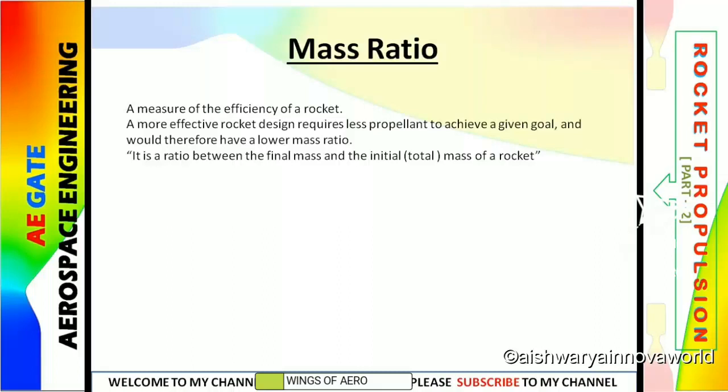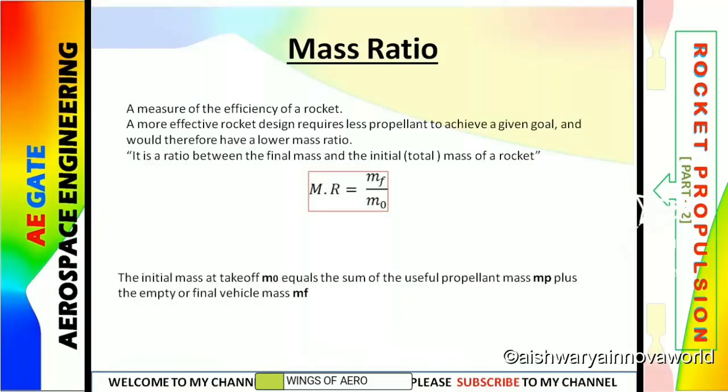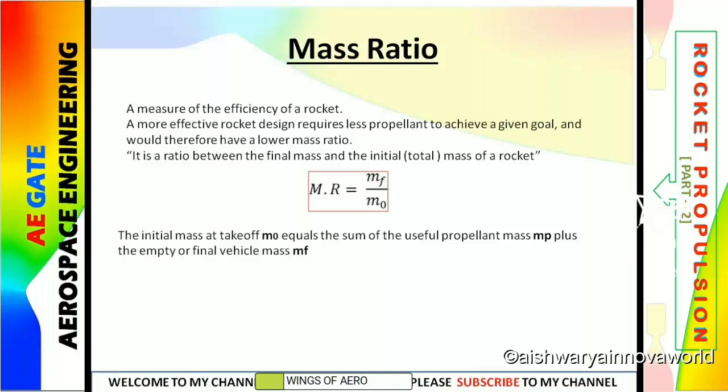In other words, it is the ratio between the final mass and the initial or total mass of a rocket, where small mf defines the empty mass or final mass of the vehicle, whereas m naught says our initial or total mass or takeoff mass of the rocket vehicle.